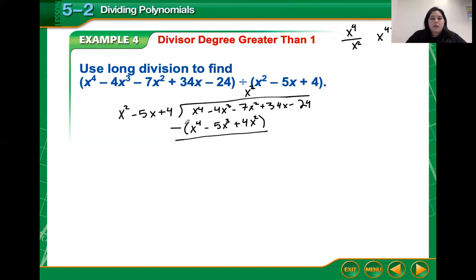So x to the 4th minus x to the 4th cancels out. -4 minus -5 is really like saying -4 plus 5, which gets me a positive x cubed. -7x squared minus 4x squared is -11x squared. Then we bring down the 34x.